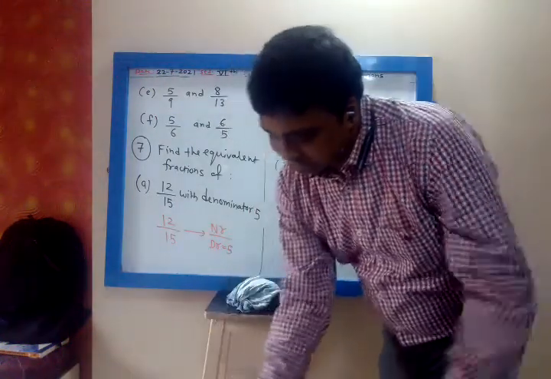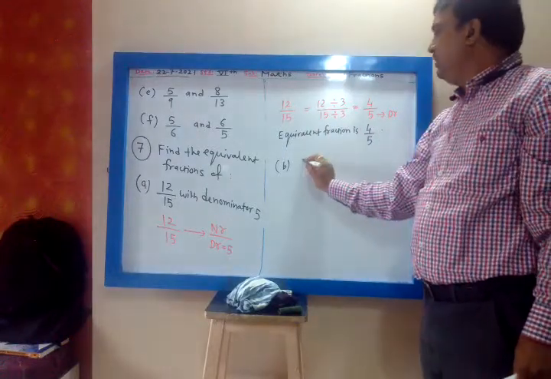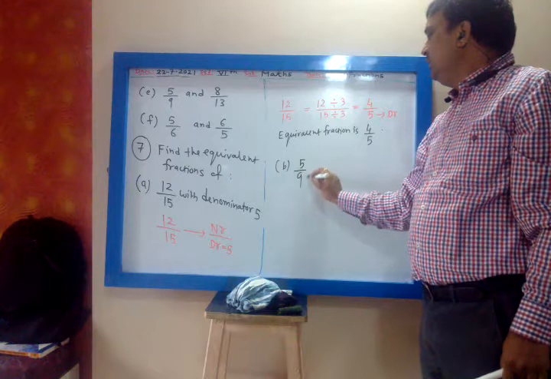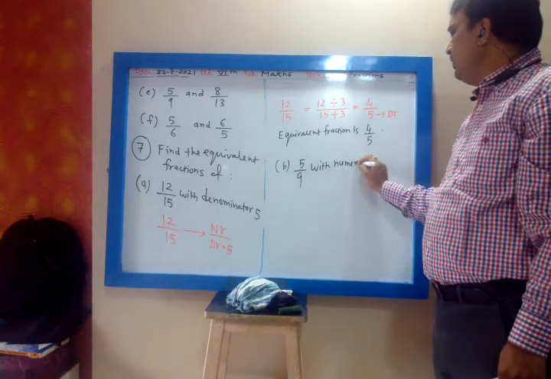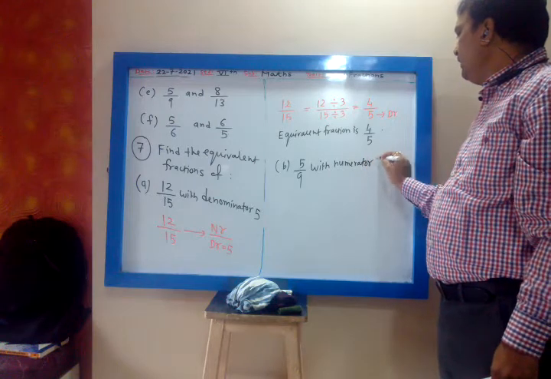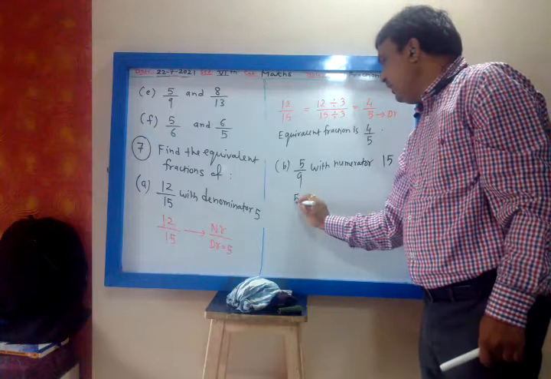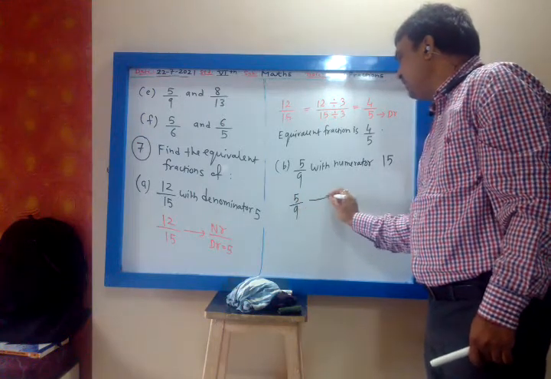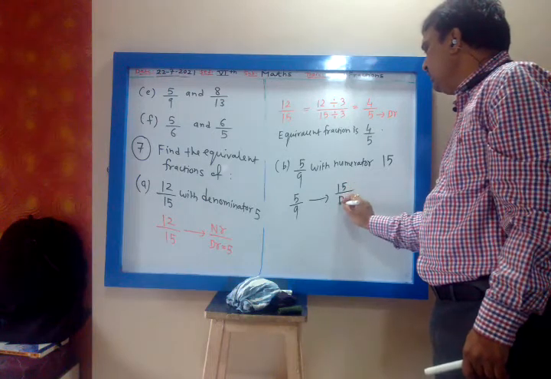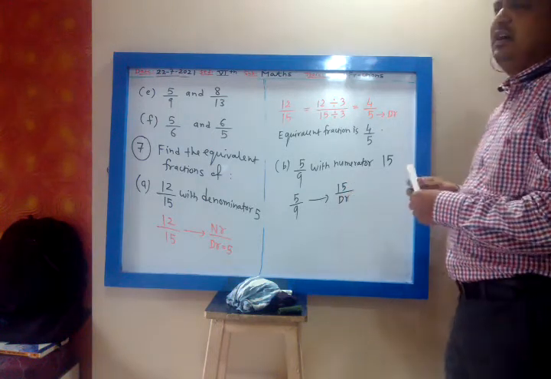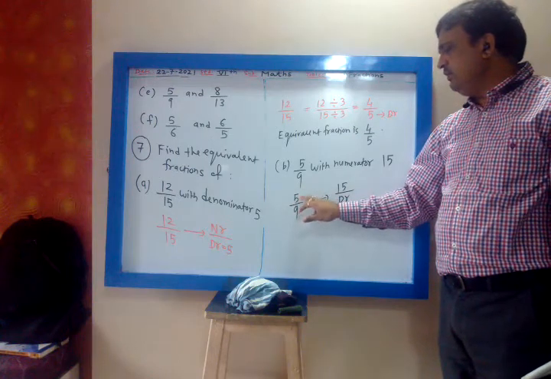Now second, 5 upon 9 with numerator 15. What is the numerator now? 5. So I have to convert 5 upon 9 to another fraction whose numerator should be 15 and denominator can be anything. Not 5 divided by 3, my dear. When will 5 become 15?